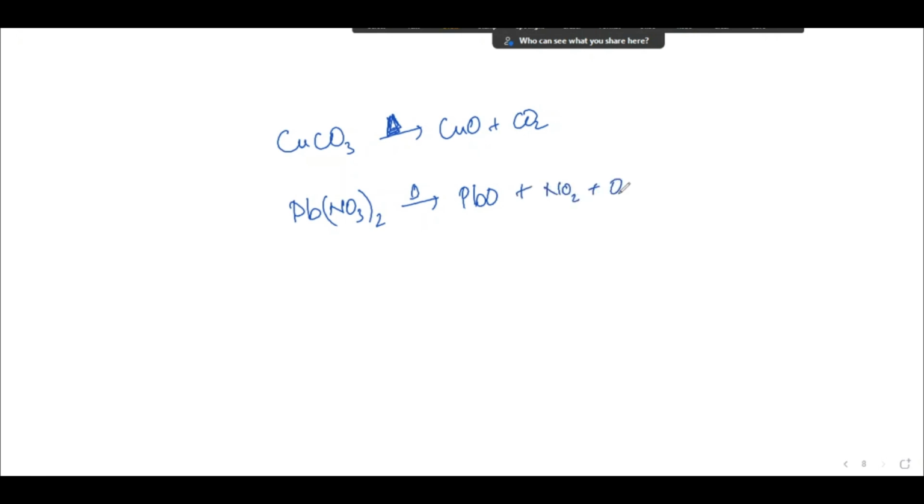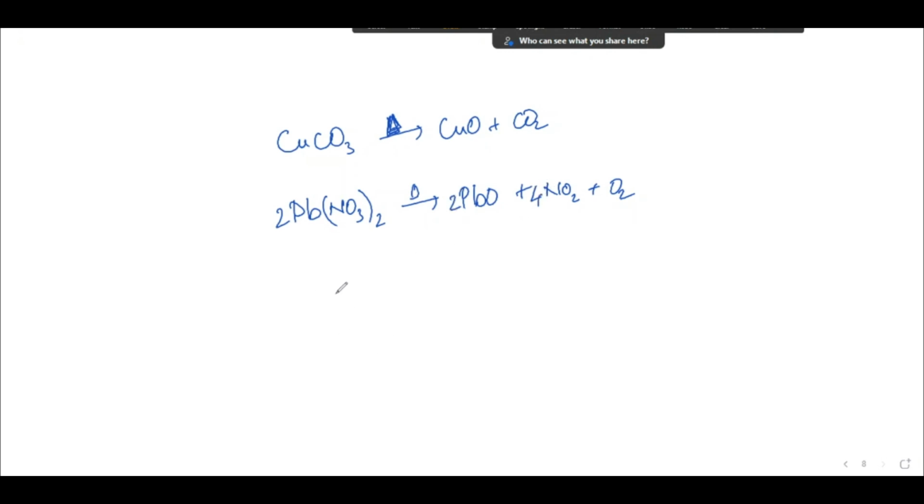So if you take copper carbonate, this requires heat energy. This triangle indicates heating is required. So it gives copper oxide plus carbon dioxide. Lead nitrate on heating also gives lead oxide plus NO2 plus O2. To balance the equation, 2, 2 and 4 here.